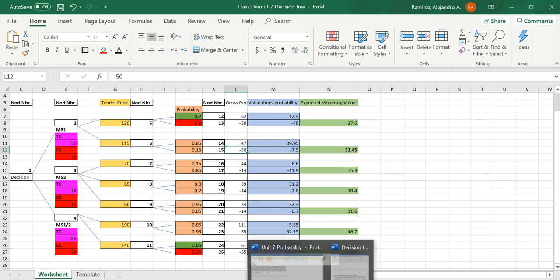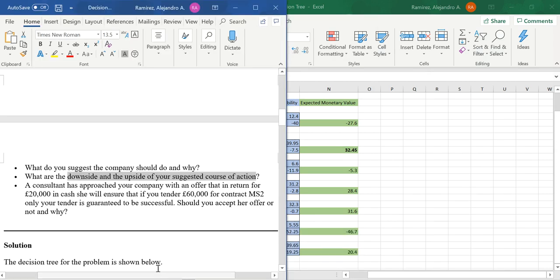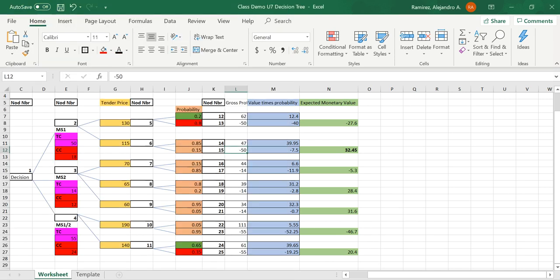So let's look at that. In your assignment, it says a consultant has approached your company with an offer: in return for 20,000 cash, which means maybe she wants a bribe, she will ensure that if you tender 60,000 for contract MS2, only your tender is guaranteed to be successful. So from this one, let's say you have the 60,000.